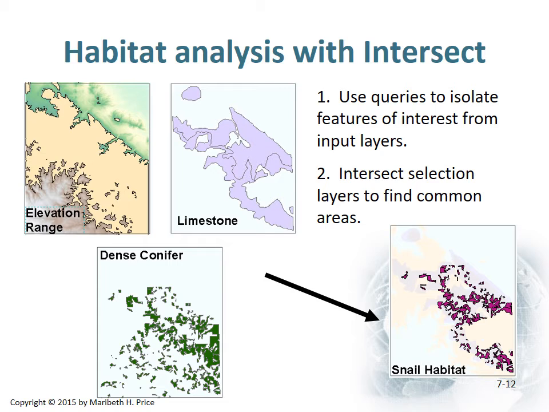So we can combine those things together using spatial techniques, and we wind up with the result over there. Here's where we're likely to find snails. These are 3 conditions that we know for the snail, and those polygons meet those conditions, so we've modeled potential snail habitat.